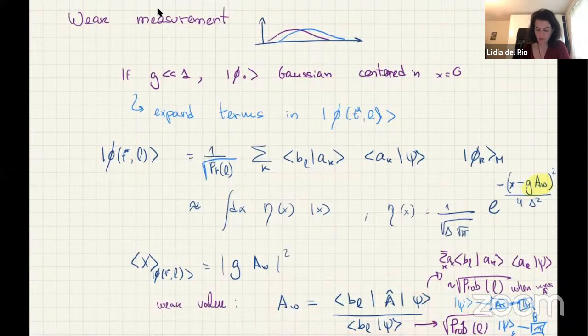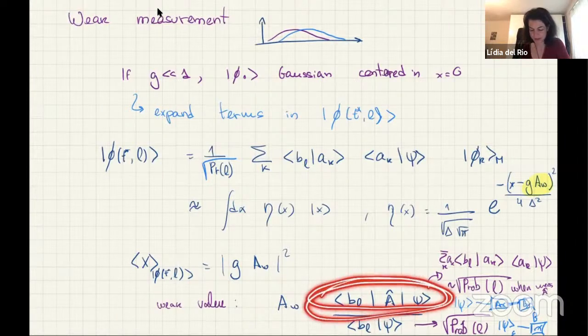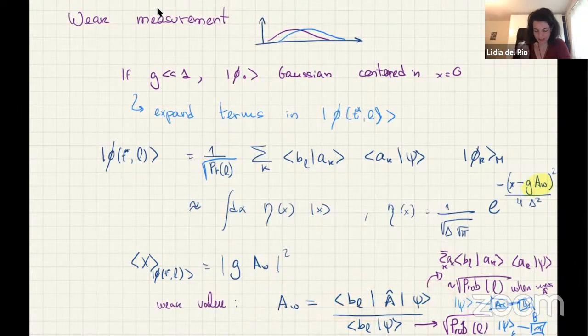We saw that it is given by the average position of our pointer at the end, and you can see it as an indication of the probability that we got this outcome, given that we measure this thing in between, divided by the probability of having gotten this outcome if we had not measured this thing in between. As such, by using Bayes' rule, we can relate it to this kind of counterfactual measurements.